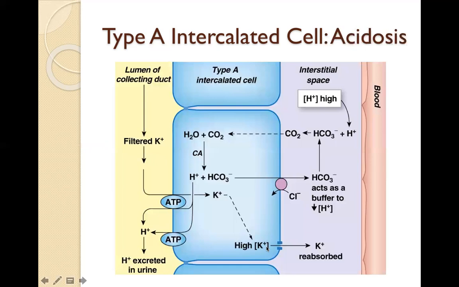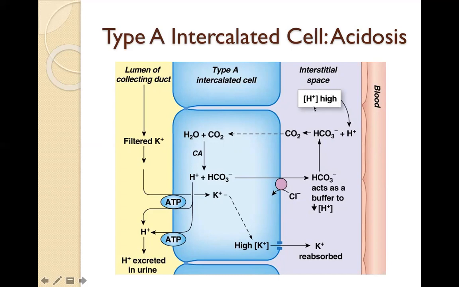So let's have a look at the type A intercalated cell. So we're in the nephron right now, and so this yellow area is the lumen of the collecting duct. The blue region, this is the cell, and the purple region, that's the interstitial space, and the blood is the red region. So imagine that you have a state of high levels of acid in the body. So you have a high hydrogen ion concentration.